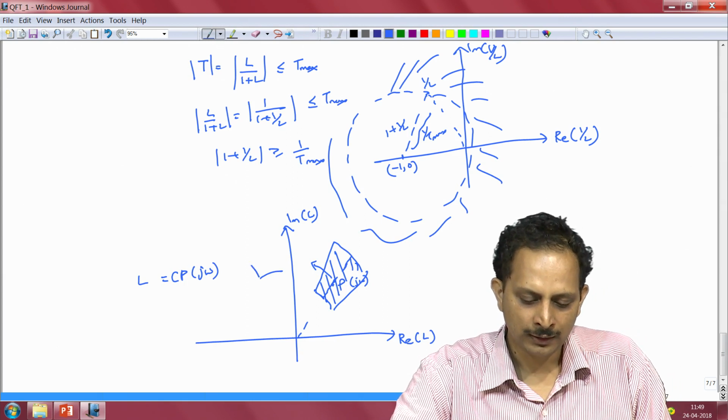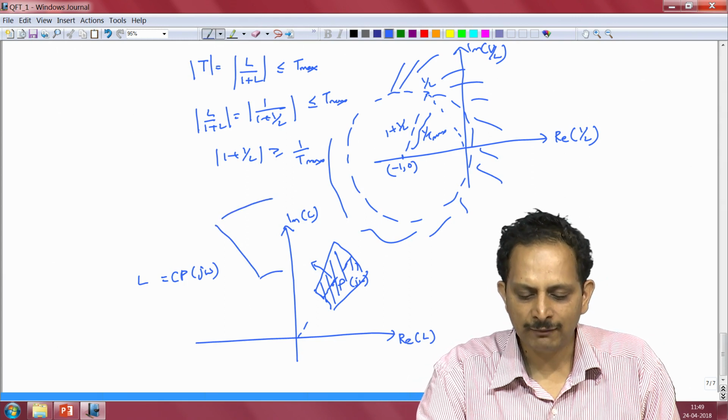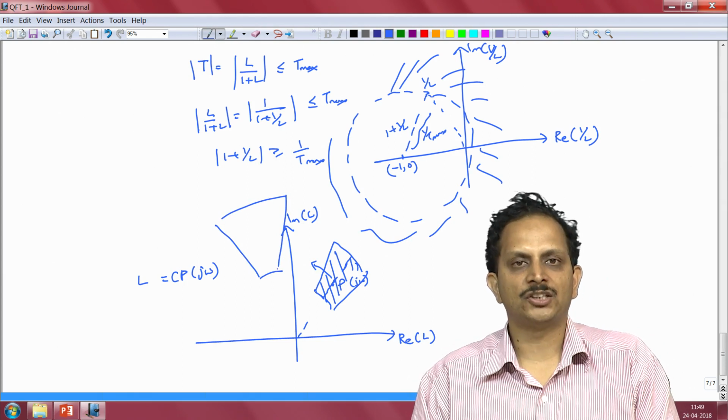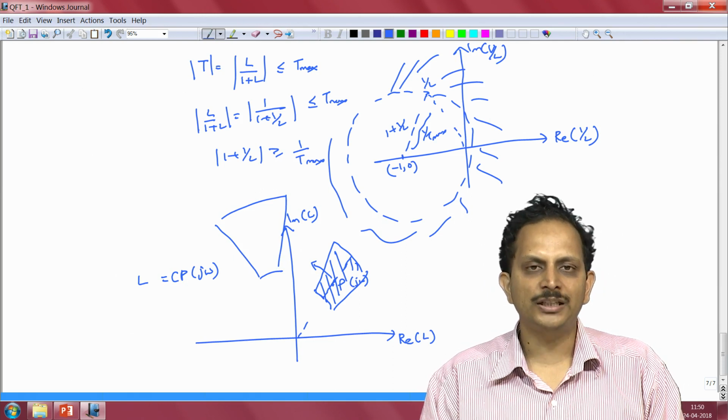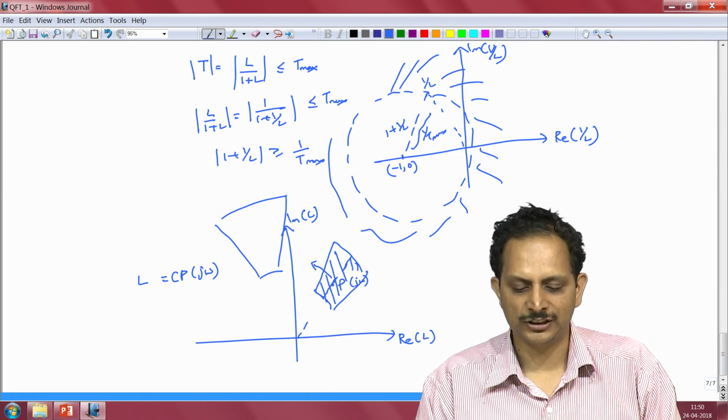So it will get magnified and will get rotated by a certain amount dependent on the magnitude of C and the angle of C.